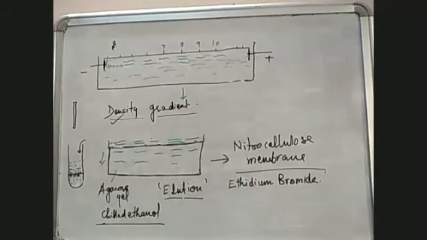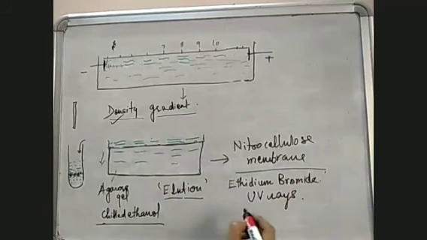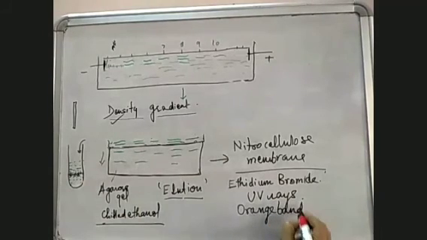After dipping into the solution of ethidium bromide, it is exposed to UV rays. When it is exposed to UV rays, these fragments are visible as orange bands. We see the orange band of this shape, of this size, so we remove it by elution.